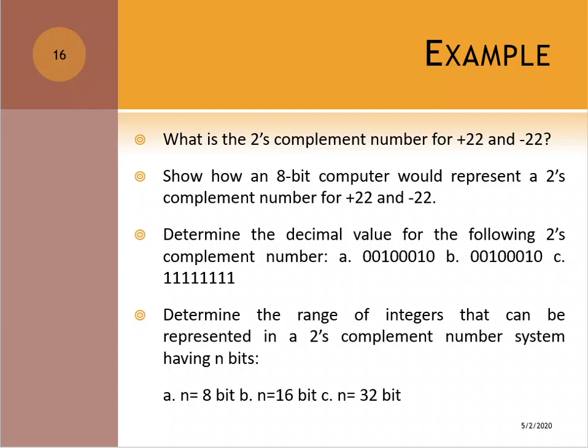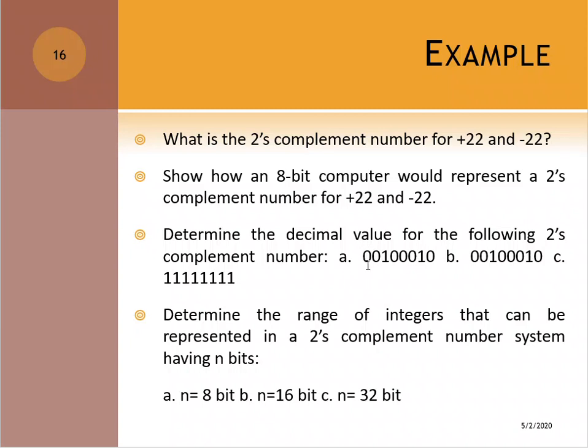Okay, let's consider the next question. Determine the decimal value for the following two's complement number. We have A, B, C. First, the tip here is when you see the question mentions two's complement, you have to check the first bit of the number.